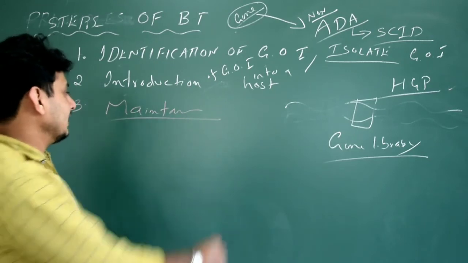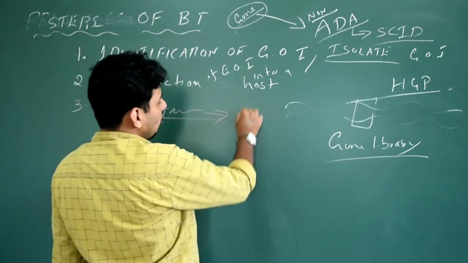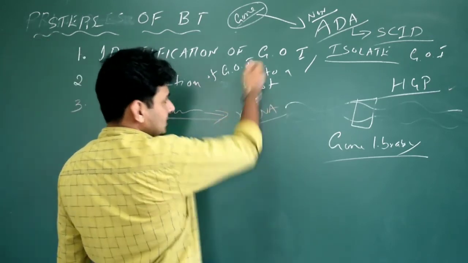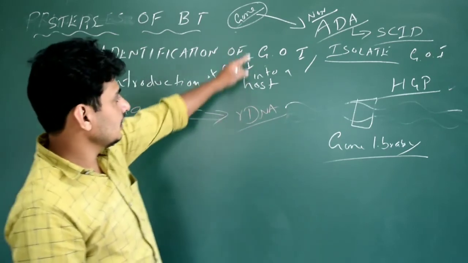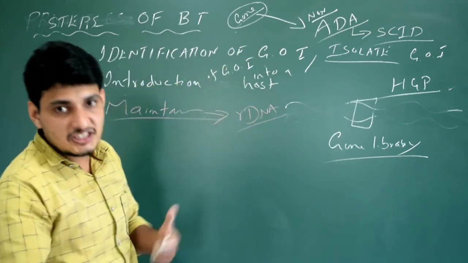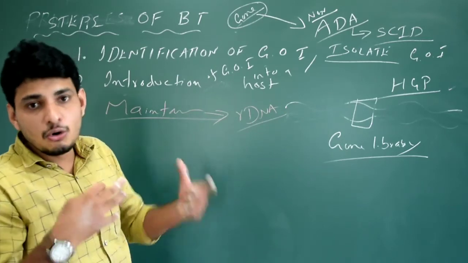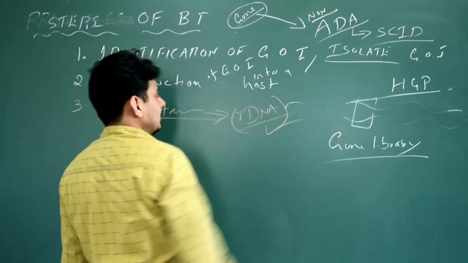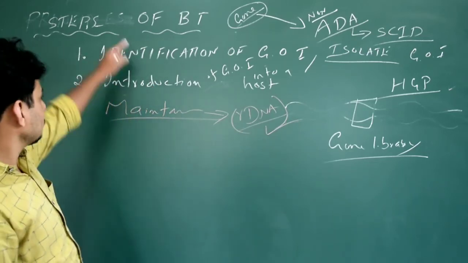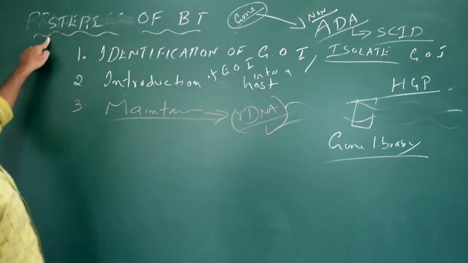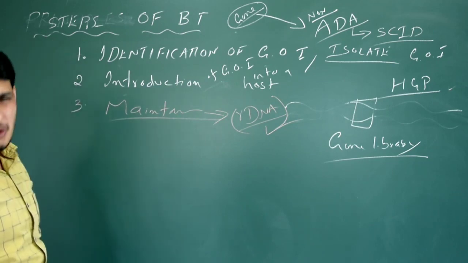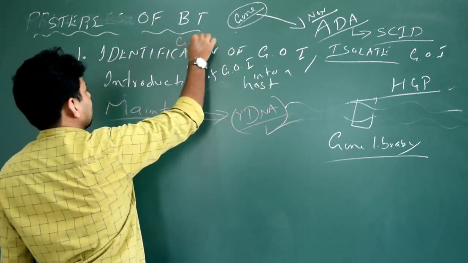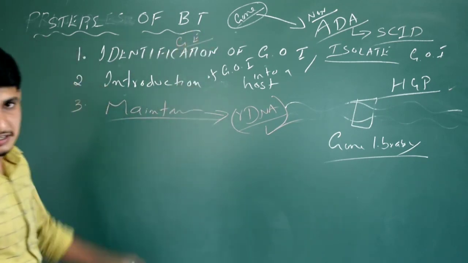So you need to maintain how the recombinant, obviously recombinant is required, how exactly this gene of interest is working in the body or in the host organism. So you have to check every day. So that is maintenance. Hope you understood. So these are the steps of biotechnology or steps of genetic engineering, just for your understanding. Hope you understood this.